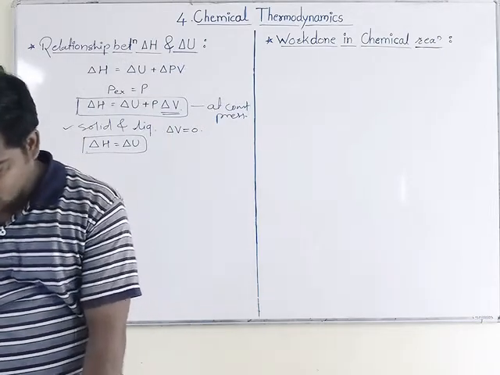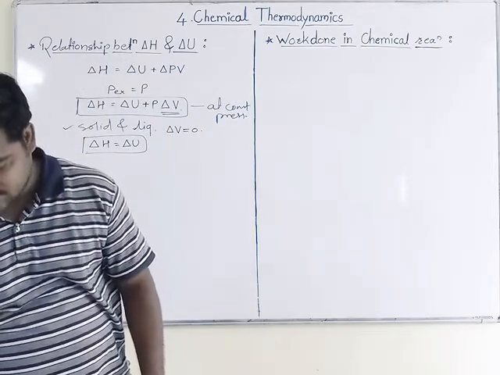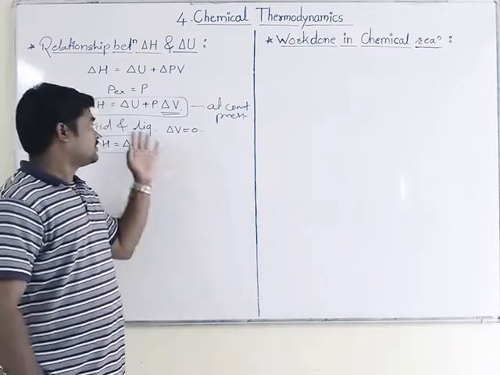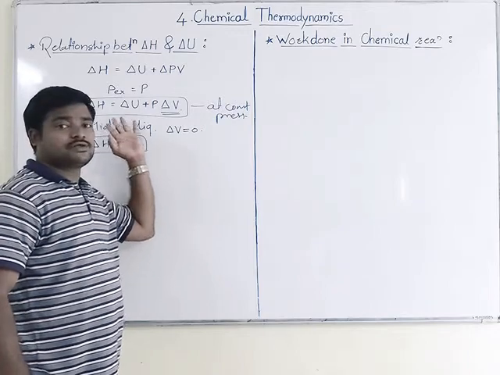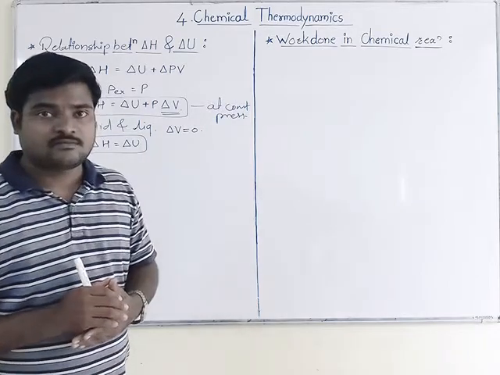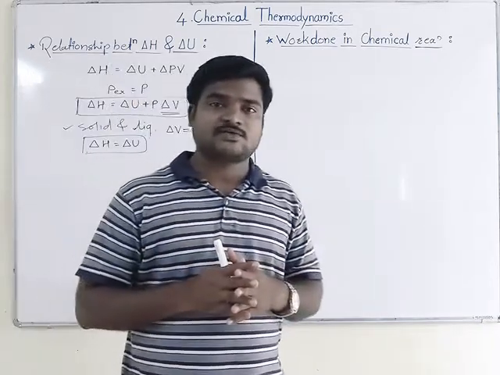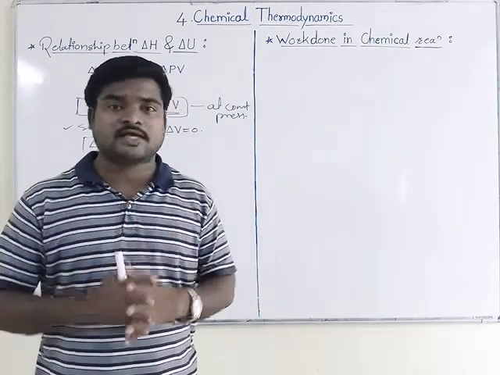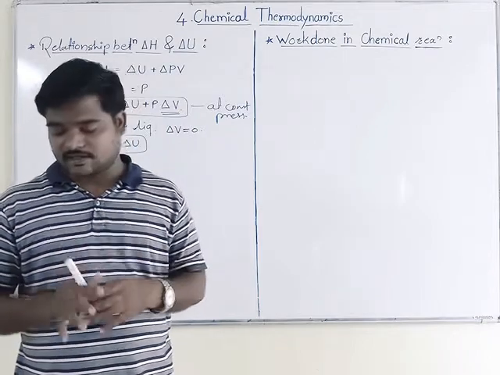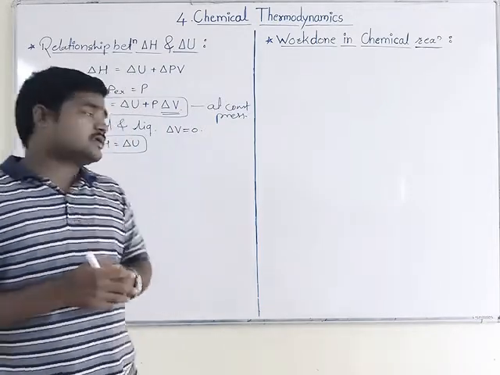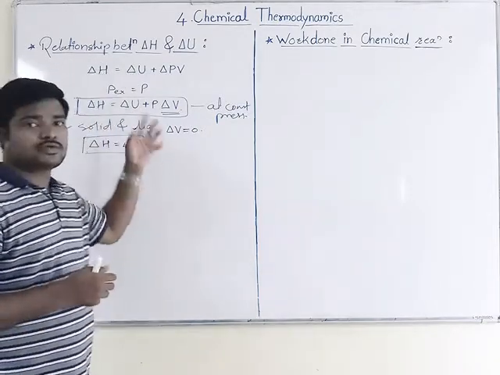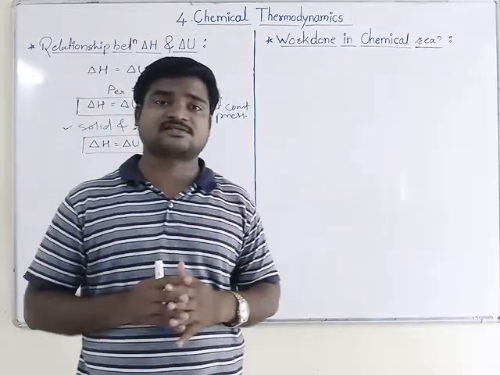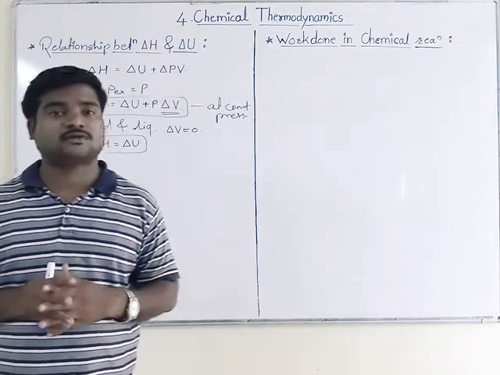Now we will move to the next point, that is the reactions involving gases. That was for solids or liquids, but there are some reactions in which reactants as well as products are in the gaseous state. For those reactions we have to take the equation as it is, because in gaseous states the pressure term is very important.